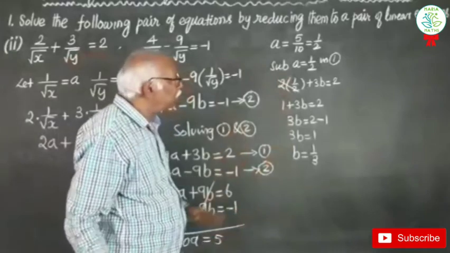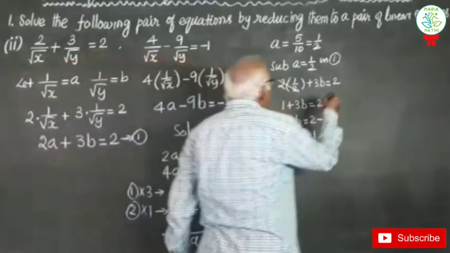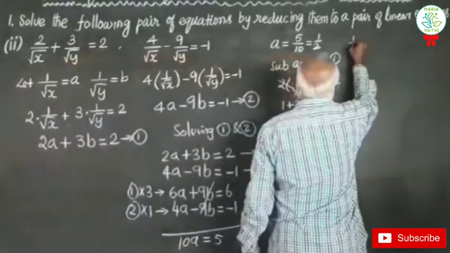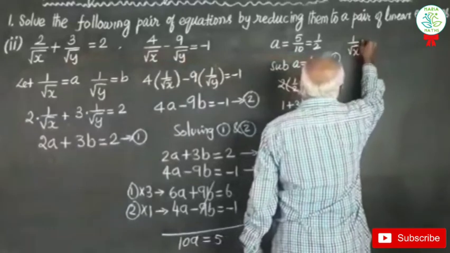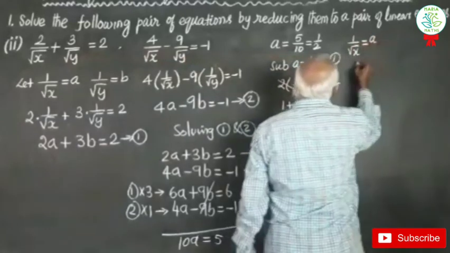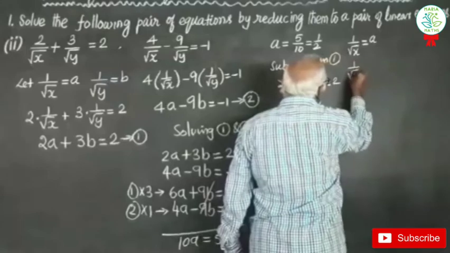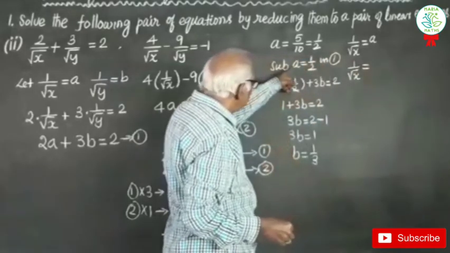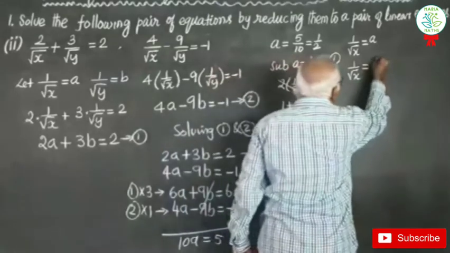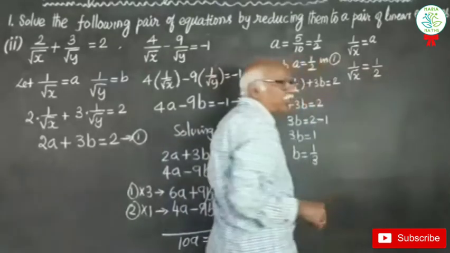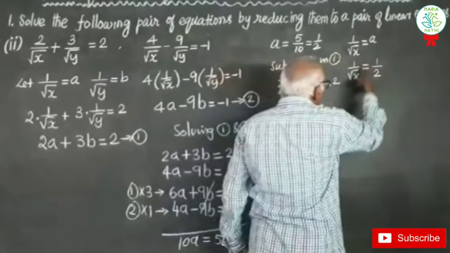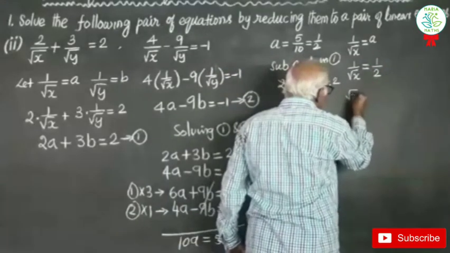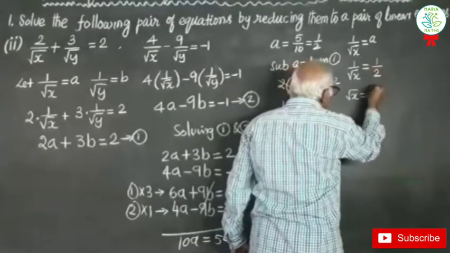Now we have to find x and y. 1 by root x is equal to a. What is a? A equal to 1 by 2. Now cross multiply. Root x into 1, root x; 1 into 2, 2.